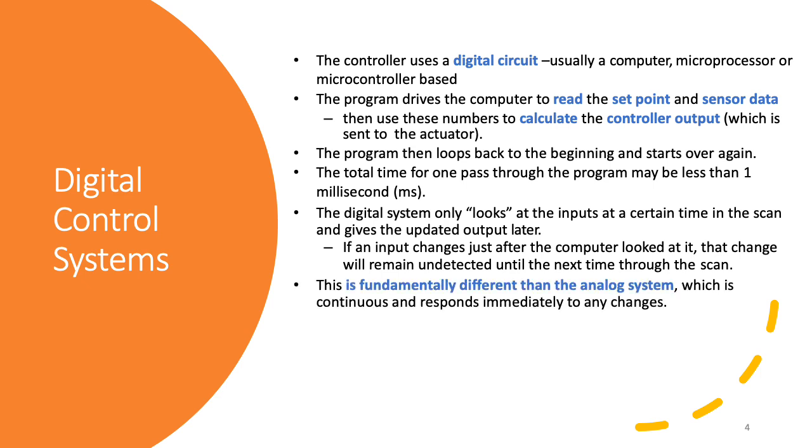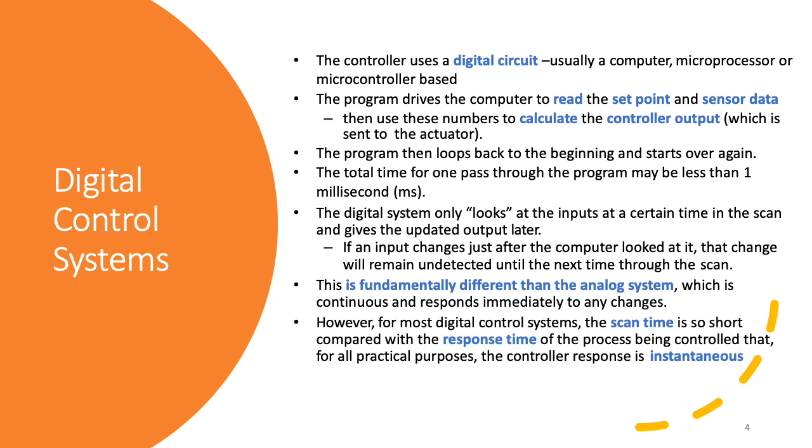This is fundamentally different than an analog system, which is continuous and responds immediately to any changes. However, for most digital control systems, the scan time is so short compared with the response time to the process being controlled that, for all practical purposes, the controller response is instantaneous.